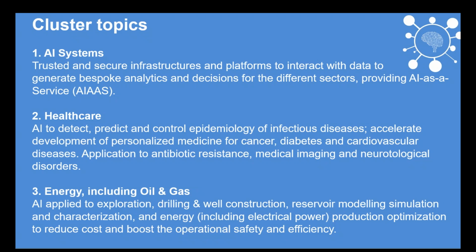So AI systems, I mentioned that it is infrastructure and platforms that support the applications and the services you are going to provide. So it's the underlying system. The application now, we are looking to have projects that apply AI in healthcare. AI is very important actually now to detect, predict, control epidemiology of infectious diseases, accelerate development of personalized medicine for cancer, diabetes, cardiovascular diseases, and also can be applied really to study antibiotic resistance, medical imaging.